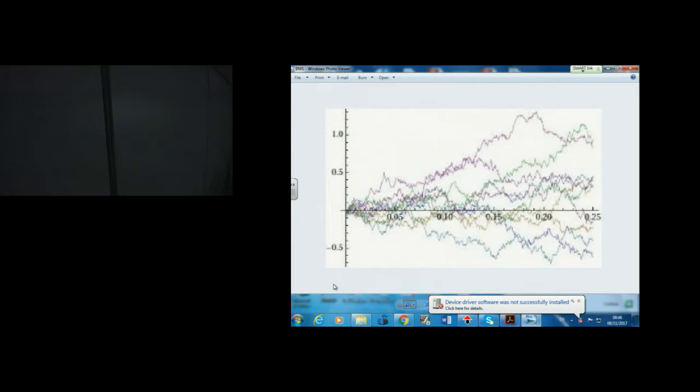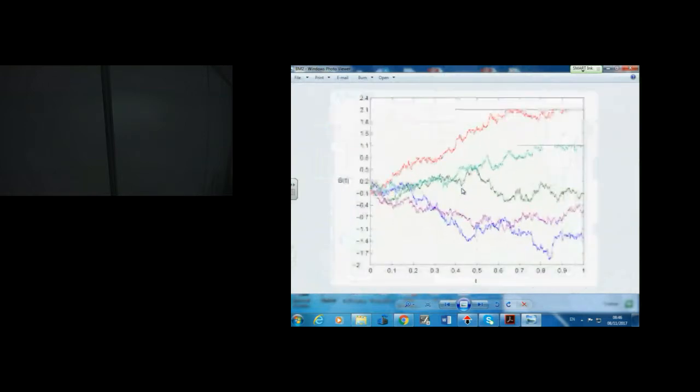What I would like to show you here is that you really see the irregularity. With many points, you see that there is no differentiability. If you have pixels like that, this means that the trajectory is not differentiable. So this is the Brownian motion, four or five trajectories.